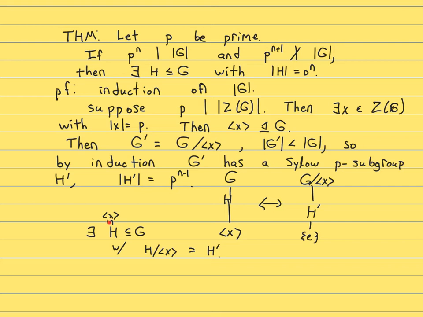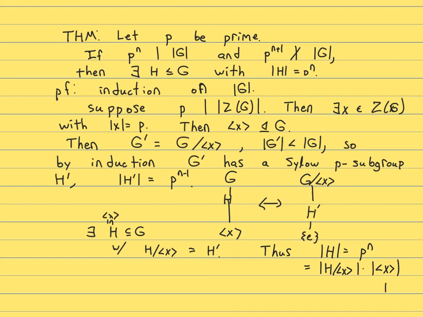It also contains this subgroup of order p, so what size does H have? Well, it has to be P to the N. Why? Because it's definitely the size of H mod X times the size of X by Lagrange's theorem.